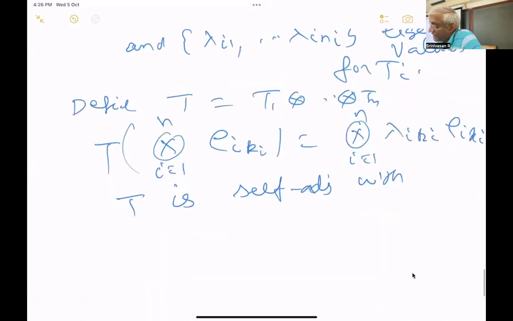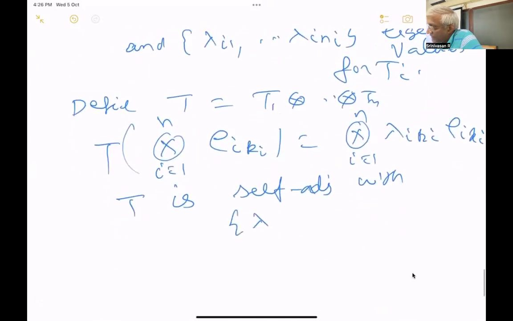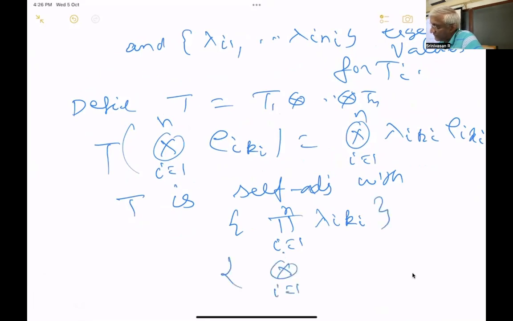So T is self-adjoint with eigenvalues, the product, product over i equal to 1 to n of lambda_{i k_i}, and eigenvectors the tensor product over i equal to 1 to n of e_{i k_i}.